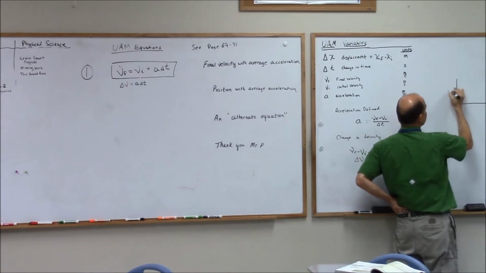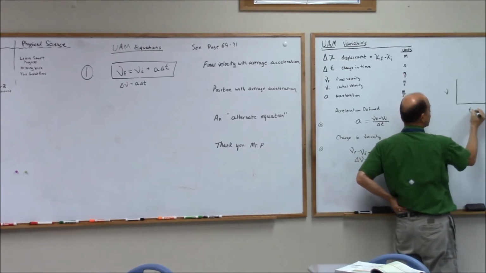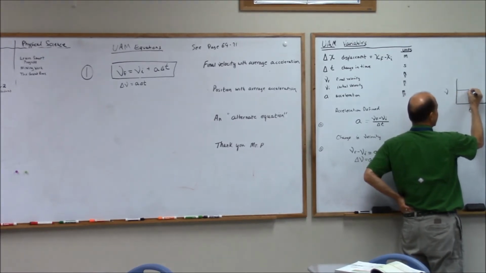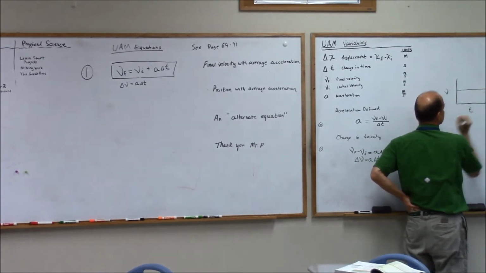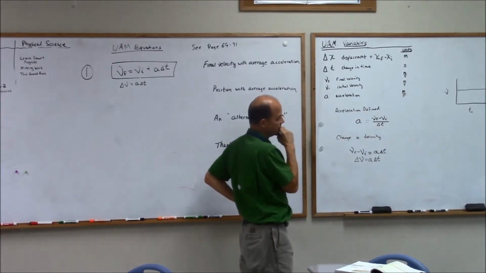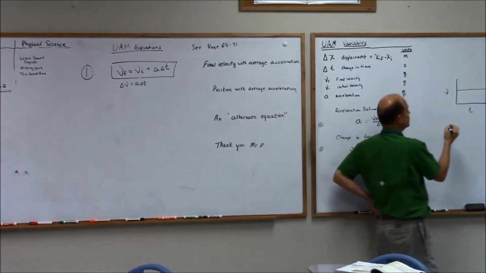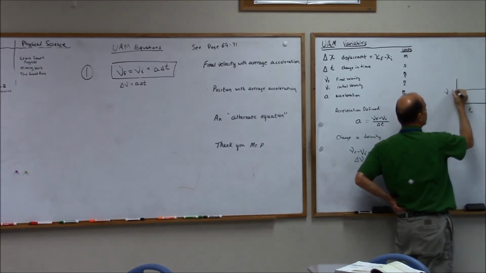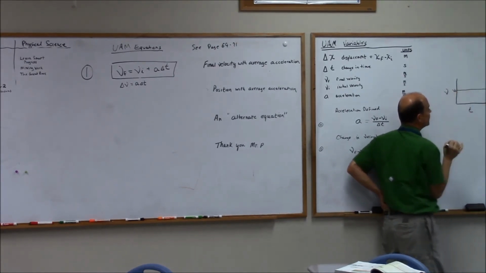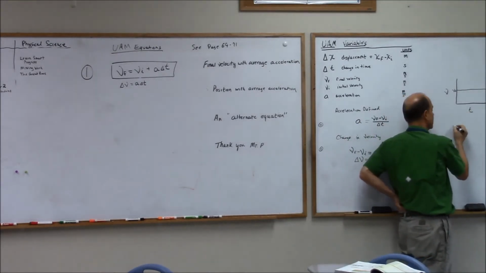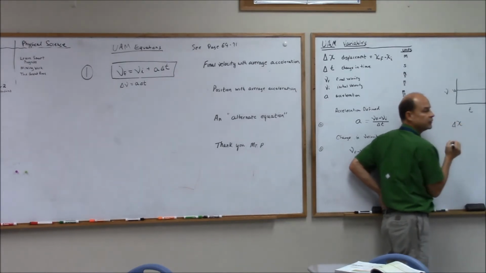If this was a velocity versus time graph, and an object was traveling at a constant speed, my question to you was, if we knew how fast the object was going over a certain amount of time, would we be able to determine the displacement or the distance traveled?